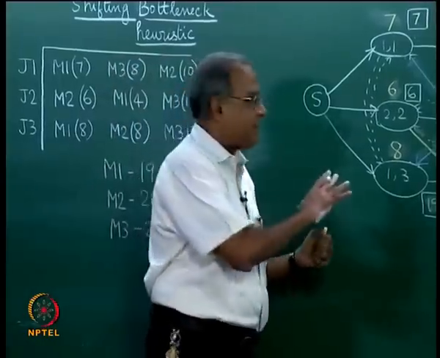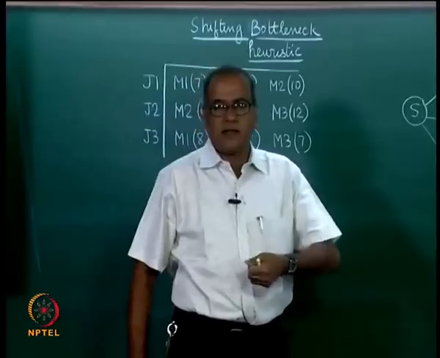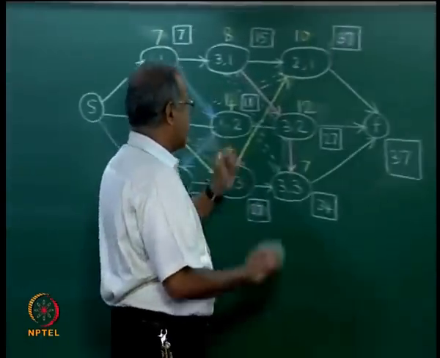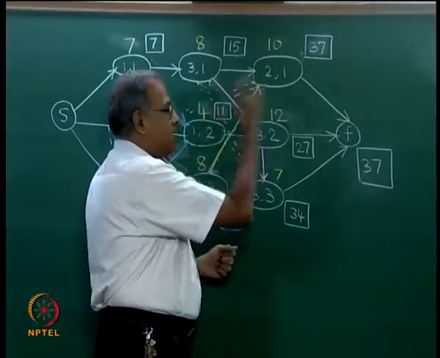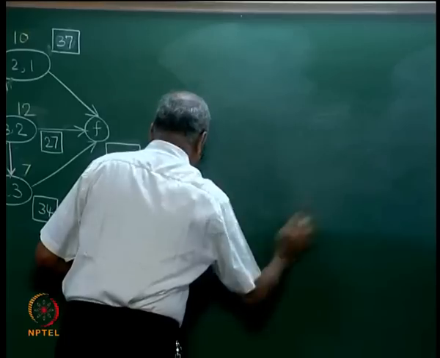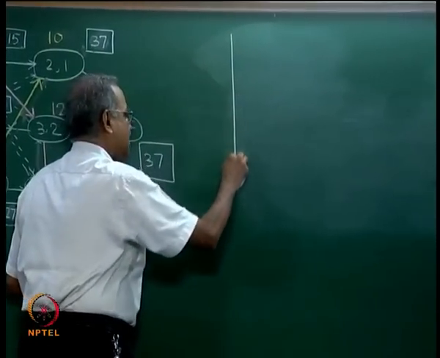Now, one way of representing it is on this network, the other way of representing it is on the familiar Gantt chart, and now we will represent this schedule on the familiar Gantt chart, which we are used to.